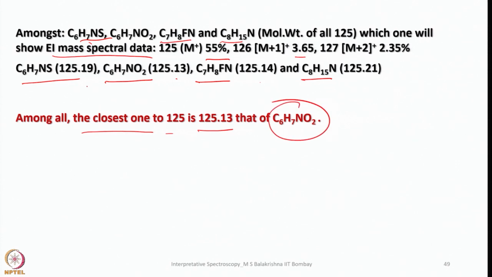If you consider the unit mass in all these, this comes closer to this one, and hence the given peak is due to C6H7NO2. So let me stop here and come up with more information about mass spectrometry and more interesting problems in my next lecture. Until then, have an excellent time. Thank you.